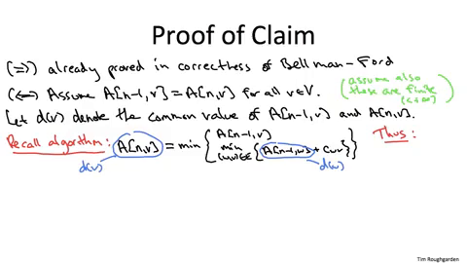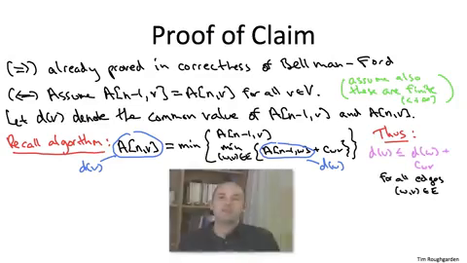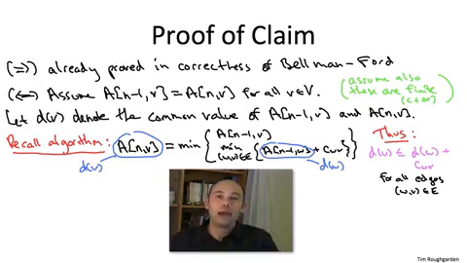So in particular, for a given choice of the last hop (w,v), we get that d of v is at most d of w plus the length of the edge from w to v. Really, all this inequality is saying is that one way to get a path from s to v is to take a path from s to w and concatenate the final hop (w,v). The shortest path to v can only be better than this one particular candidate that goes via w.